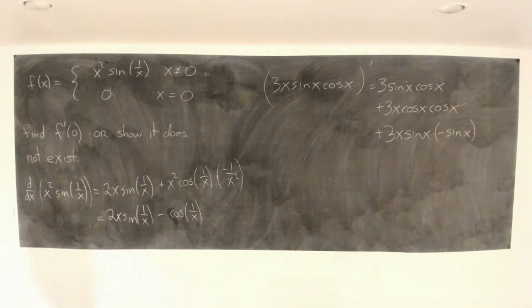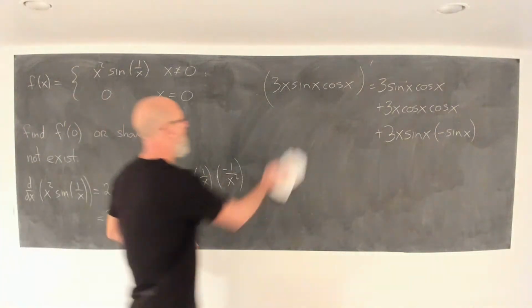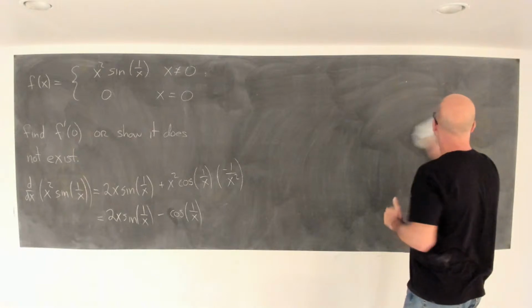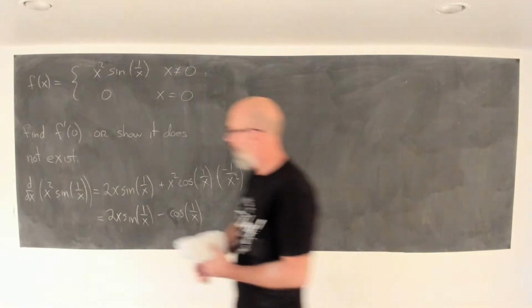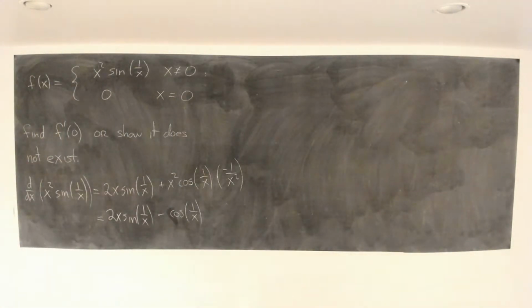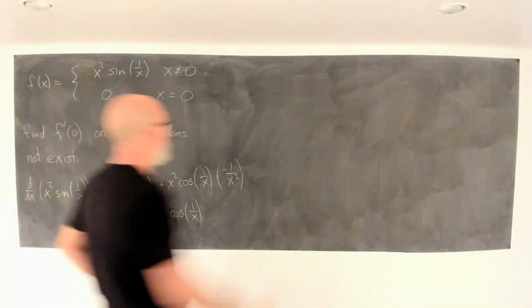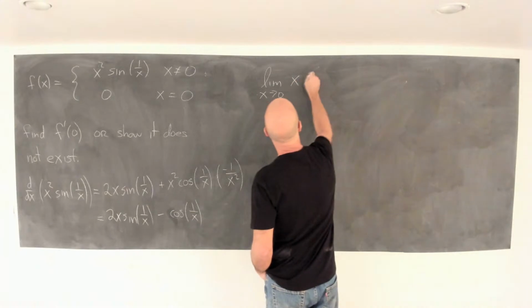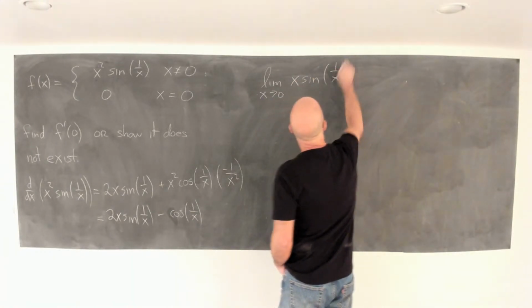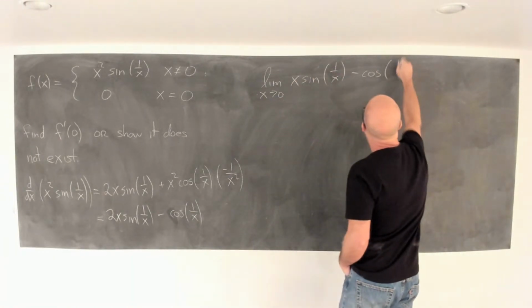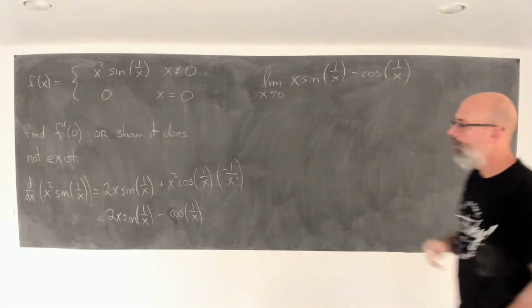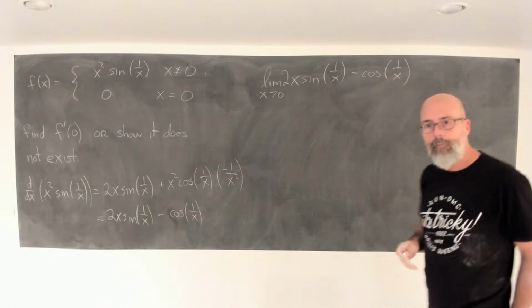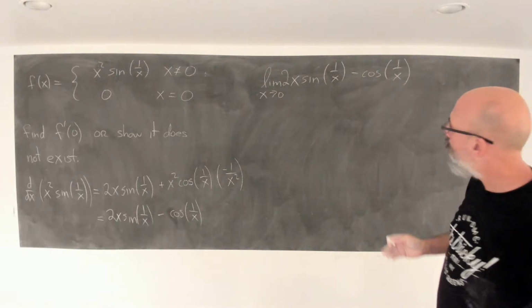Now, maybe you're thinking to yourself, if I take the limit as x goes to 0 of this, let's look at the two pieces separately.